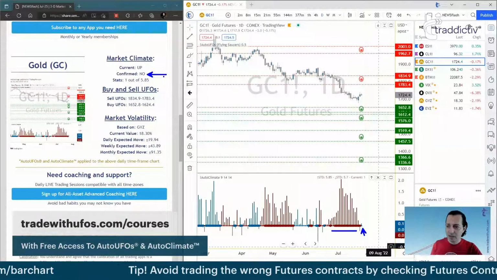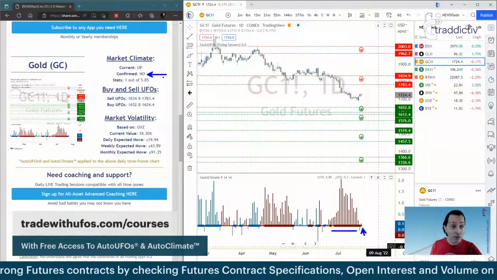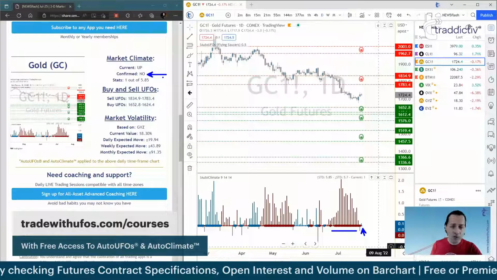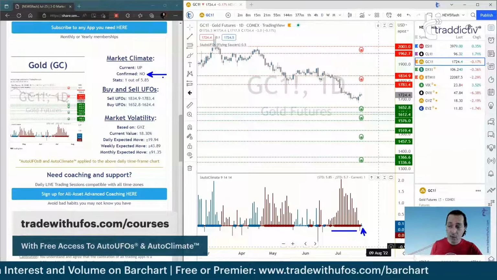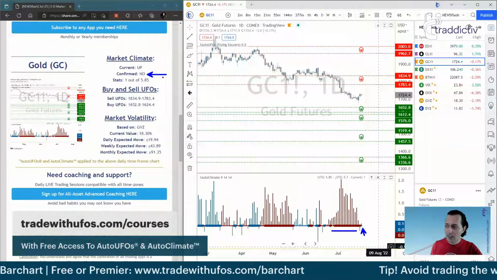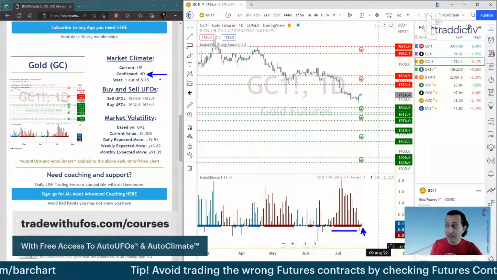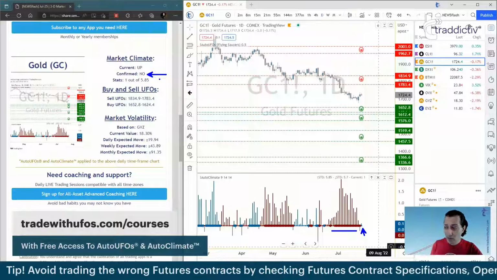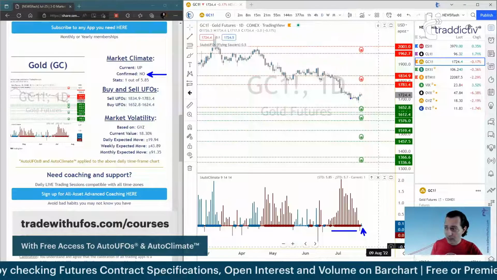Therefore, this may not represent too much from a statistical point of view. There is no statistical advantage by either going long or short right now. So I would say probably the wisest choice is to wait until gold defines itself and changes to a confirmed climate to the upside or resumes the climate to the downside.